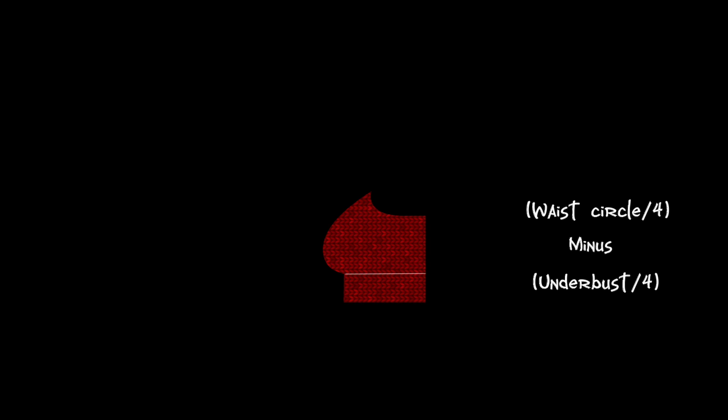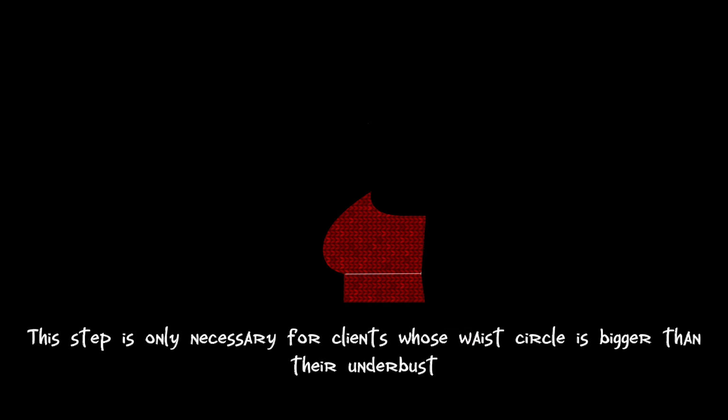Whatever you get from this end of the line, mark it out. You are now going to cut from this end to the point you marked, and from the point you marked to this end. This step is only necessary if you are dealing with a client whose waist is bigger than their under bust. If that's not the case, then stick with what we had earlier.